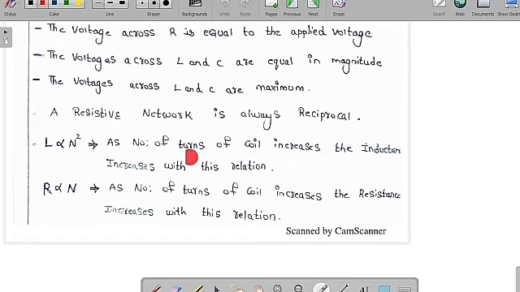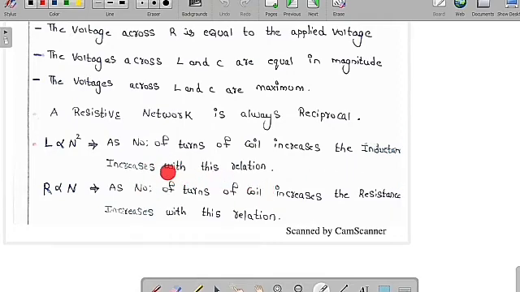Now we are going to study the relation between the inductance and the number of turns of the coil. L is directly proportional to the square of the number of turns of the coil. This is the way the inductance and the turns of the coil are related. So L is directly proportional to N squared. As the number of turns increases, the inductance increases with this relation.